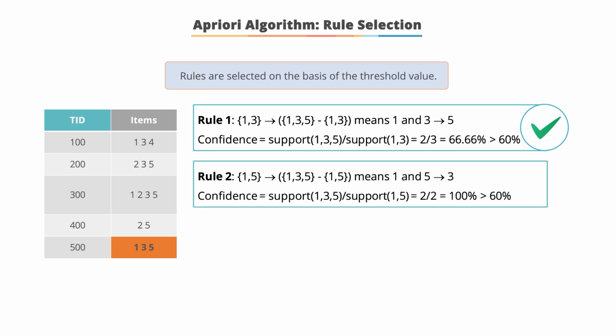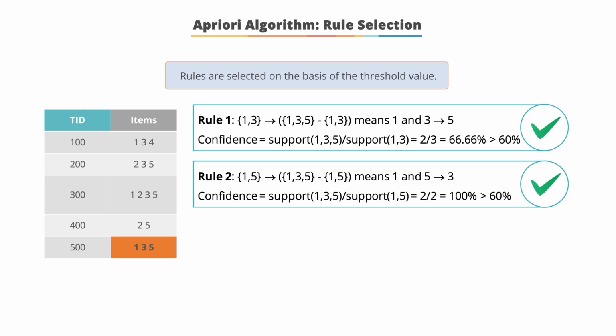Rule 2: {1, 5} → {1, 3, 5} minus {1, 5}, which means 1 and 5 → 3. Confidence equals support(1, 3, 5) over support(1, 5) equals 2/2 equals 100%, which is greater than 60%.